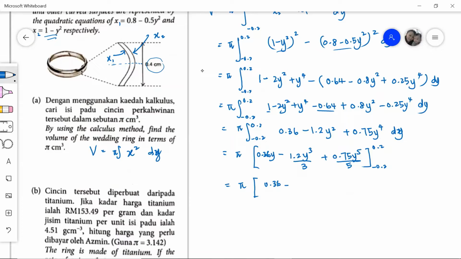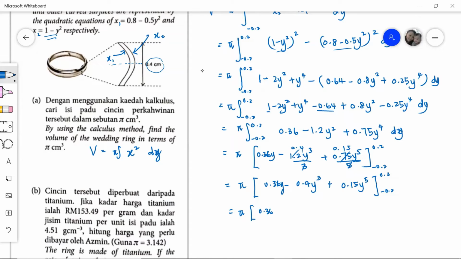0.36 minus 0.4 y cubed, and then plus 0.15 y to the power of 5, from negative 0.2 to 0.2. Now we substitute the values of the boundaries in.